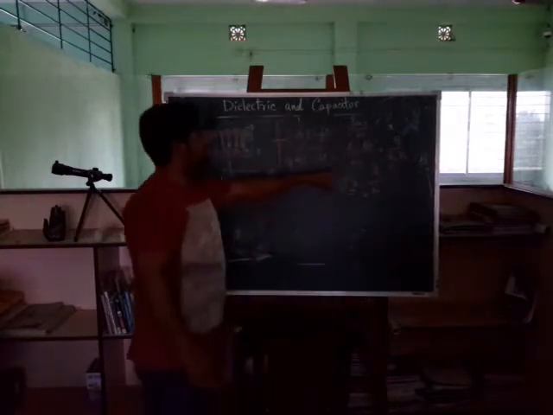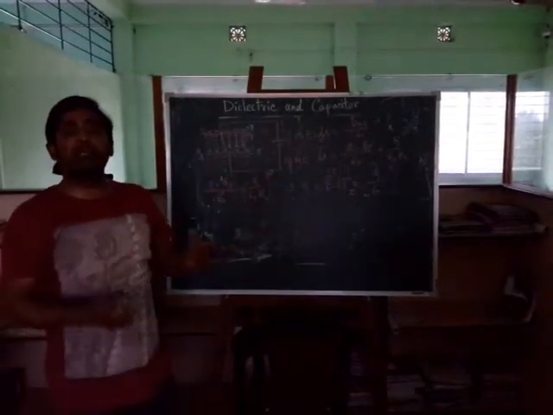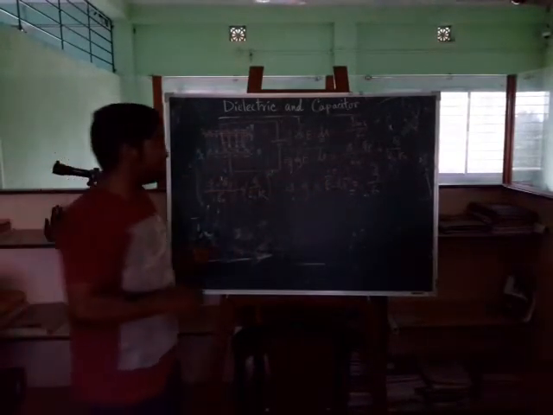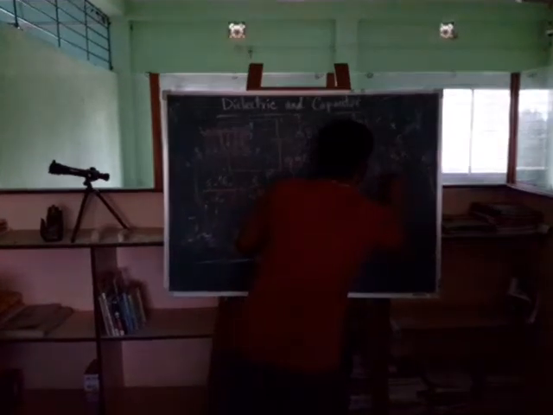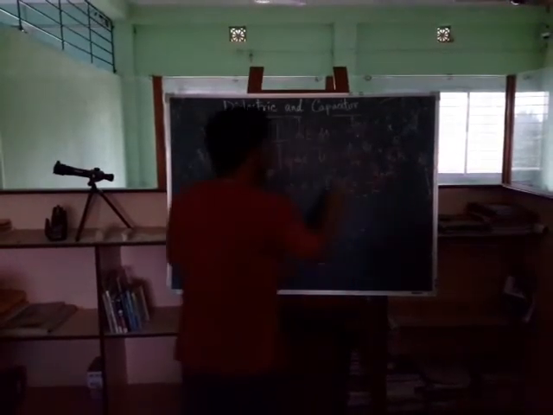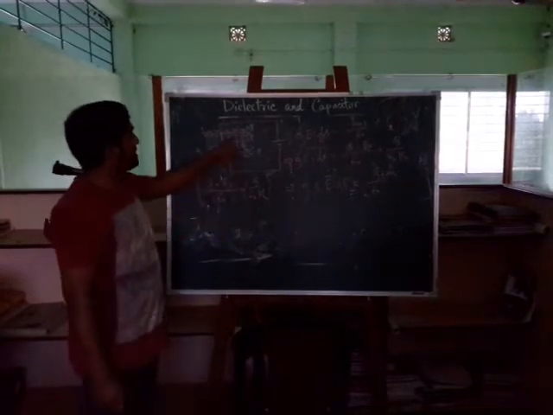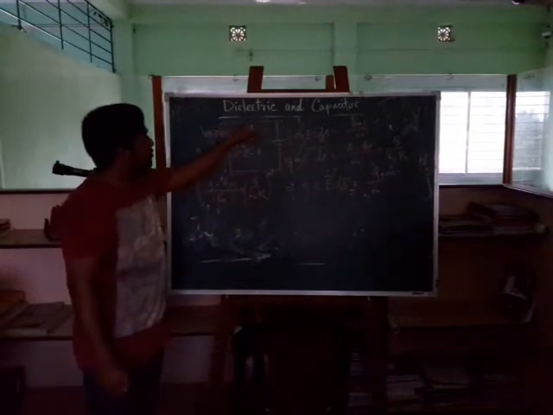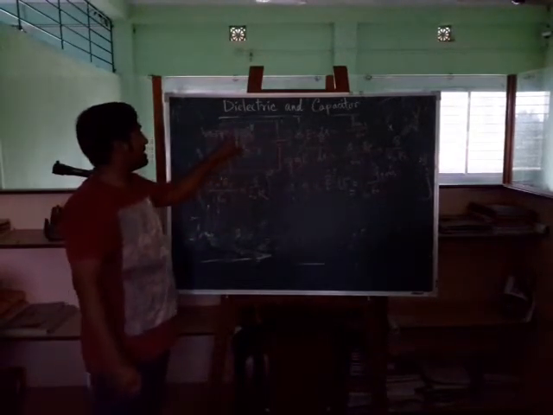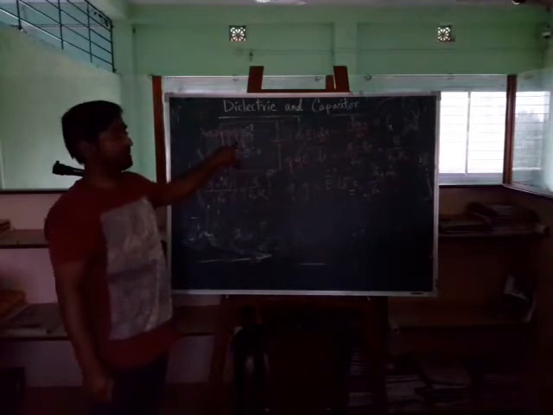Now what is this Q? This Q has nothing to do with the charge due to the dielectric. We can call it free charge. We are calling this Q free just to emphasize that this charge Q is due to the terminal of the battery, not coming from the polarization.